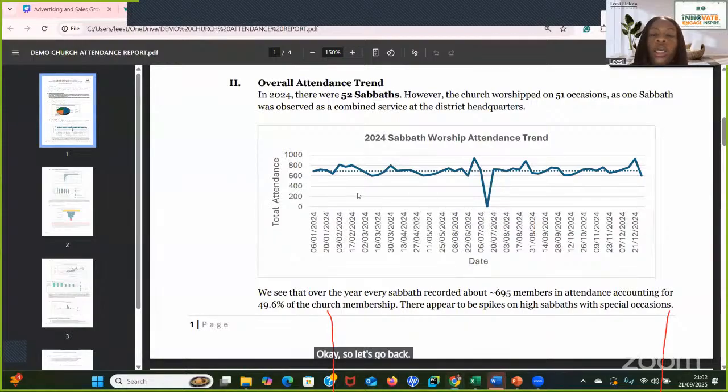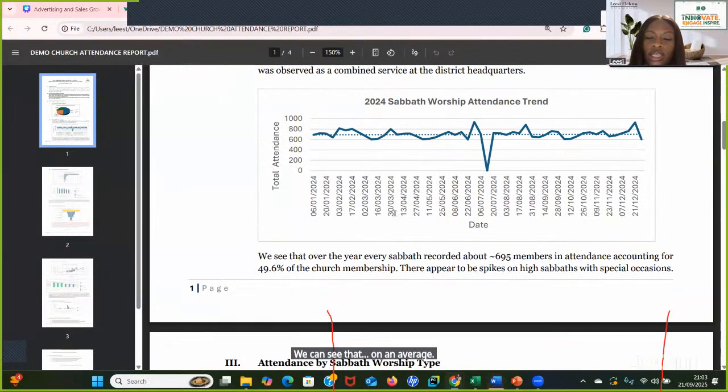All right. So this is the 2024 Sabbath worship attendance trend. If you look at this trend, we can see that on average, there are about 695 members that attend church every Sabbath.